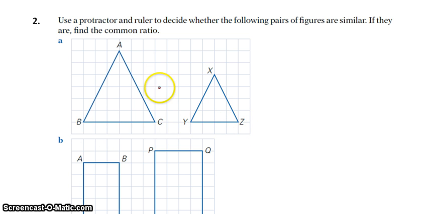See if they have a common ratio, because in this question you need to decide whether these figures are similar. You then need to get your protractor and measure the matching angles. If all 3 pairs of matching angles are the same in both triangles, then these 2 figures are similar.